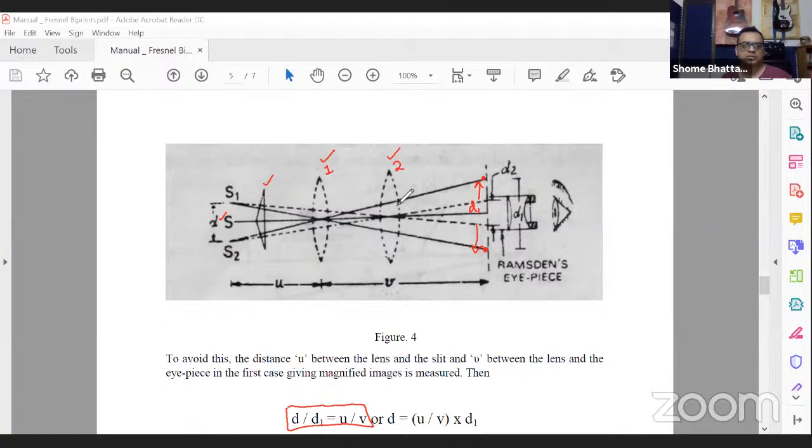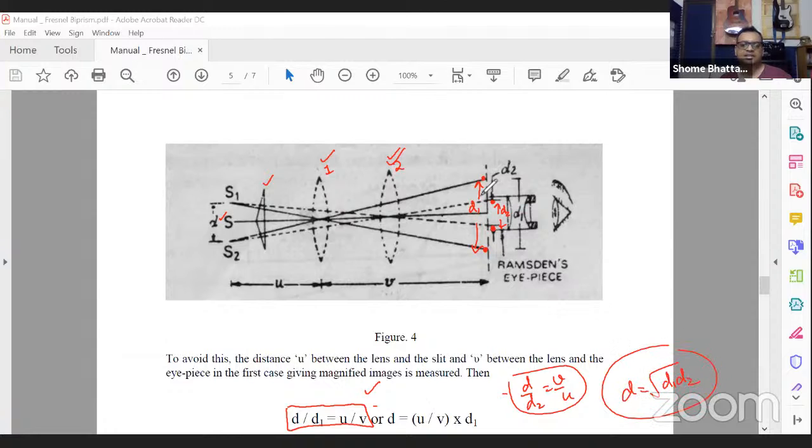Similarly, when you are at position 2, you will observe them here and here, and you'll be able to observe this distance as d2. Either by using this formula or the inverse of this formula, because u and v become inverted, you have d by d2 equal to v by u. If you eliminate this and this, you can see that d becomes the square root of d1 d2.